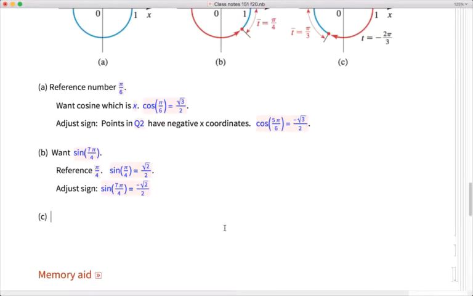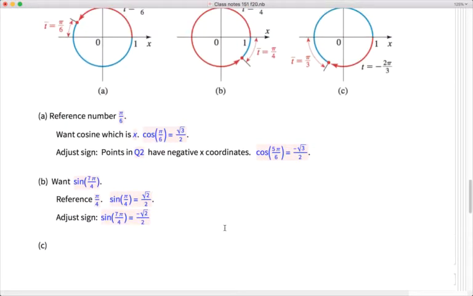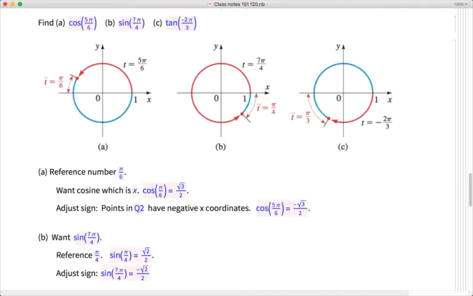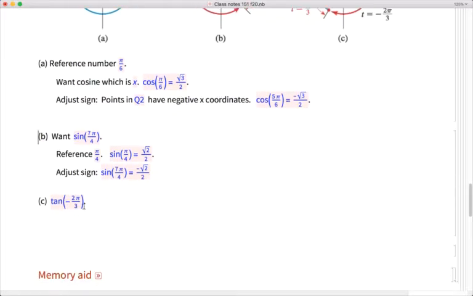All right, last one. Oh, yeah, it is off screen. We want the tangent of this number, the tangent of minus 2 pi over 3. The reference number here is pi over 3.